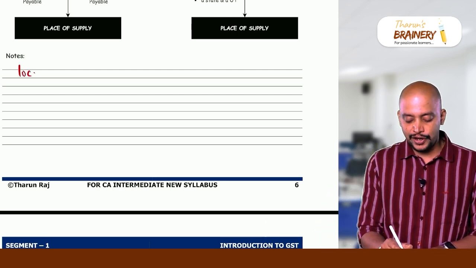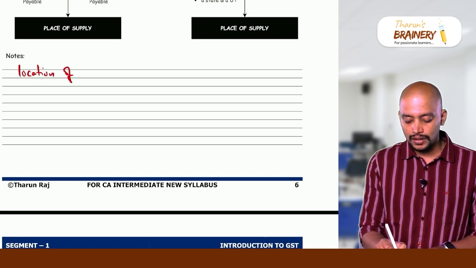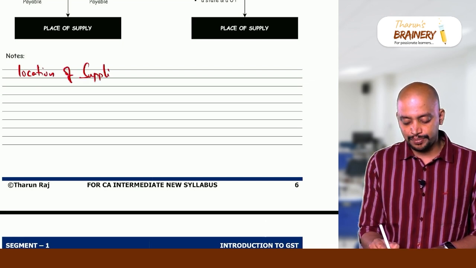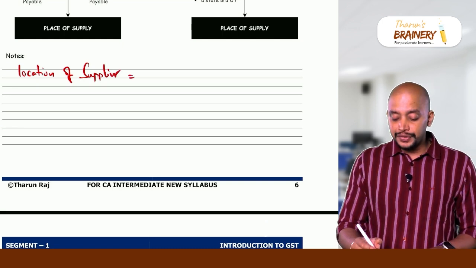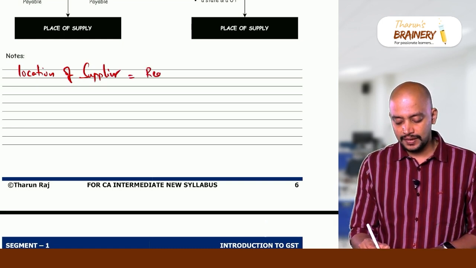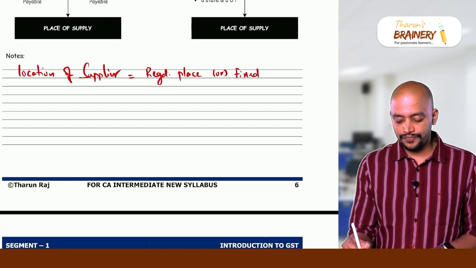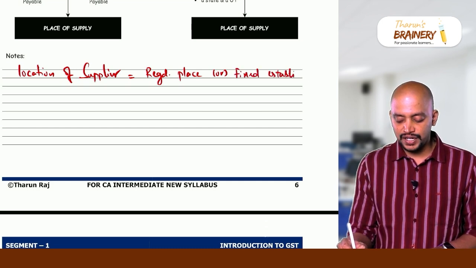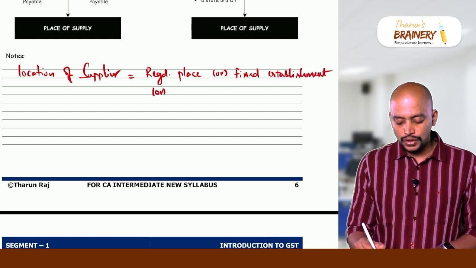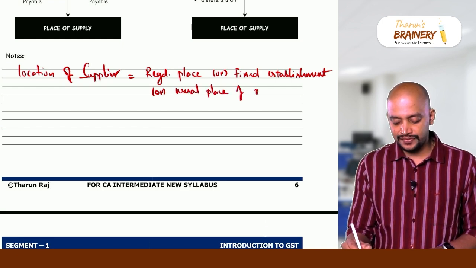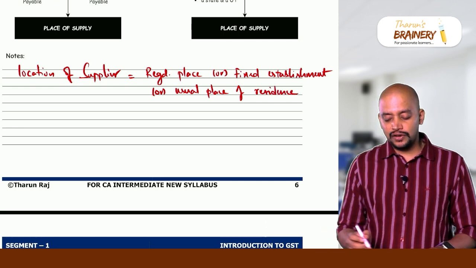So location of supplier is registered place or fixed establishment, or usual place of residence, is known as location of supplier.